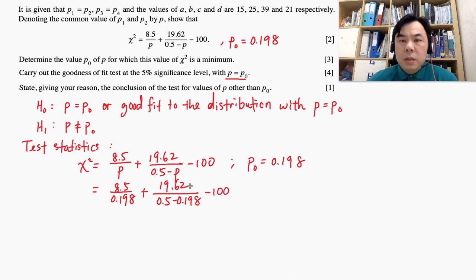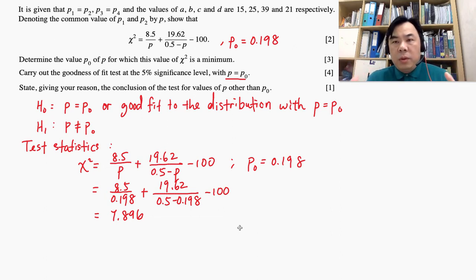I have already done the pre-calculations here. We would use 7.896 here.